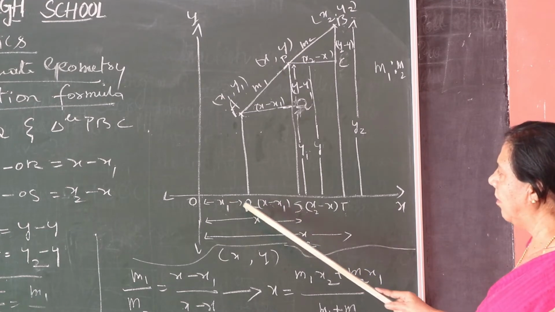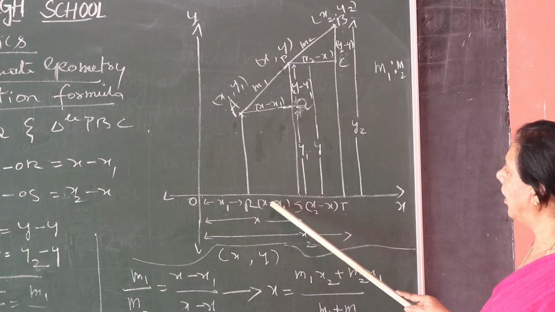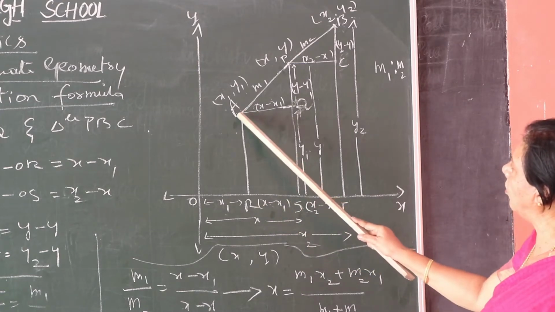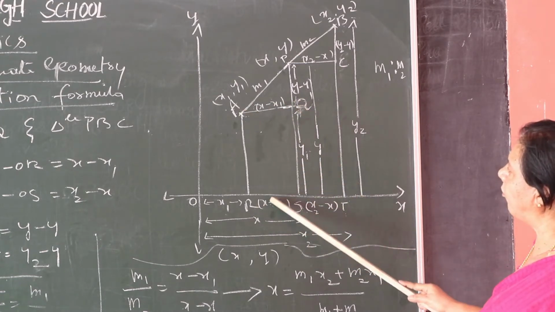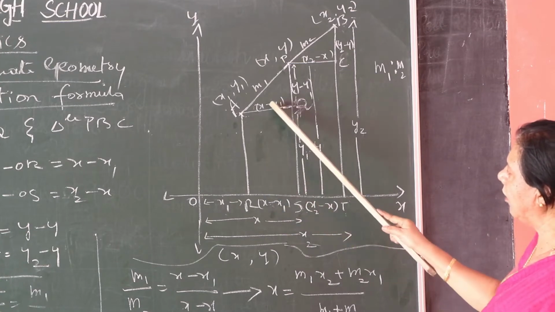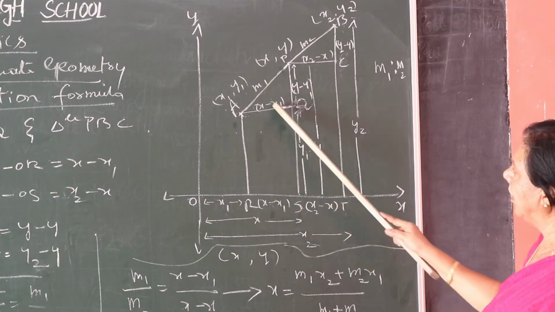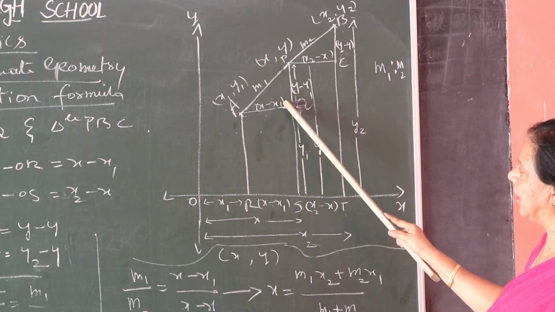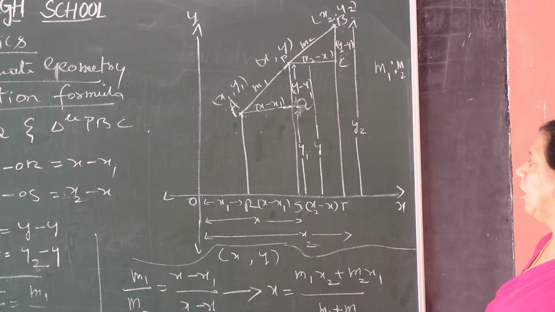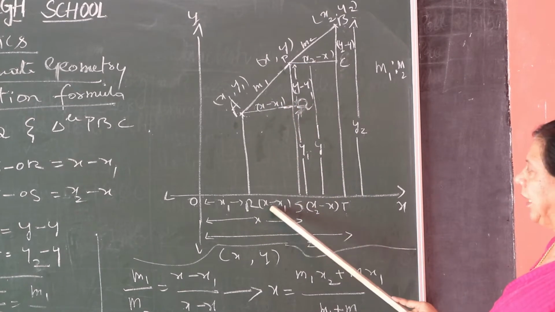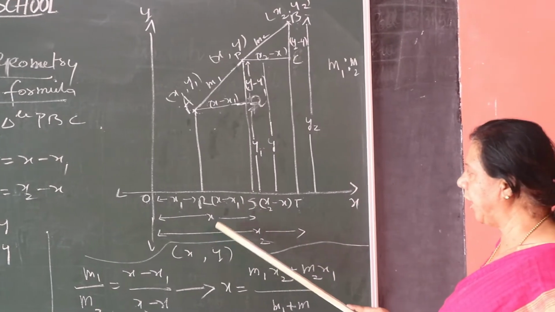Here RS is equal to AQ. Therefore these two sides are equal, x minus x1, it is also x minus x1. Is it clear, children? What is the distance of RS? It is x minus x1. How did you get that?